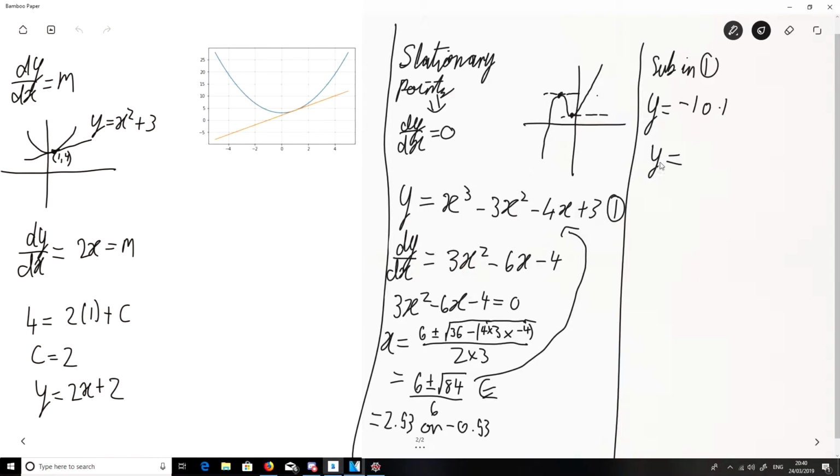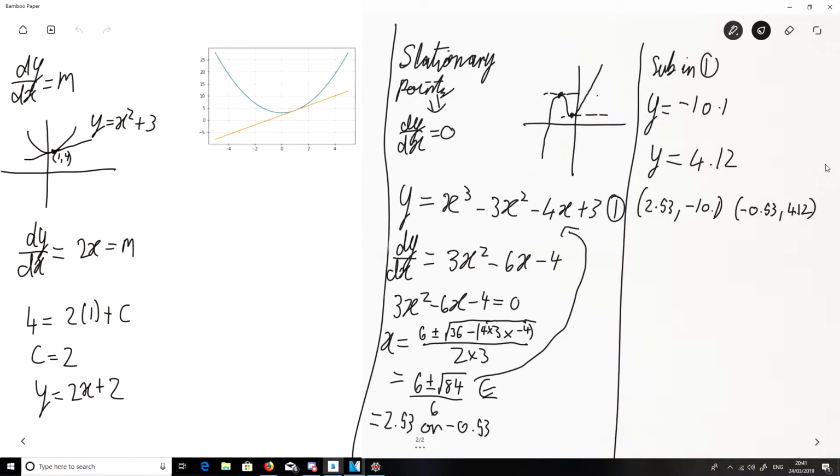The y value for this coordinate is 4.12. So our overall coordinates are given by 2.53, minus 10.1, and the other one is given as minus 0.53, 4.12. So those are the turning points of this graph.